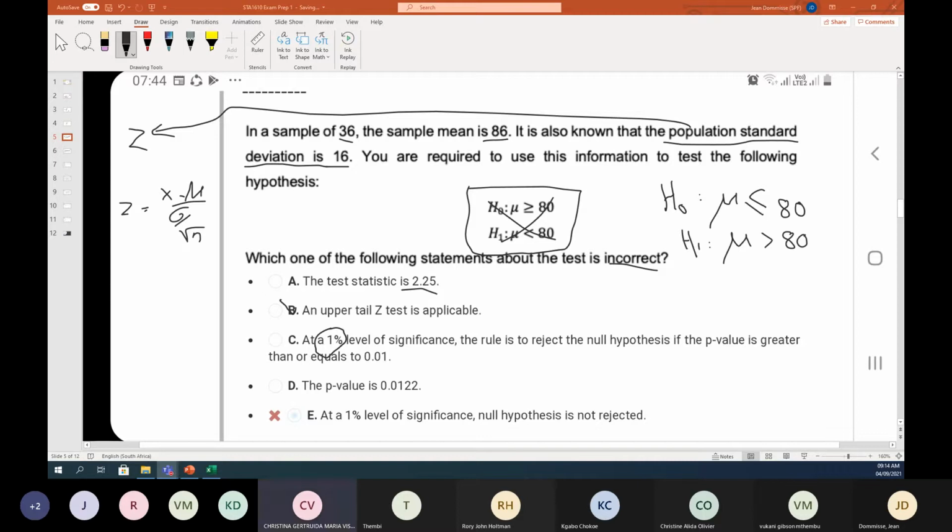A is correct. Yeah, because let's just, I assume the sample mean, so it looks like it's going to be correct. You will seldom have the mistake in that one.